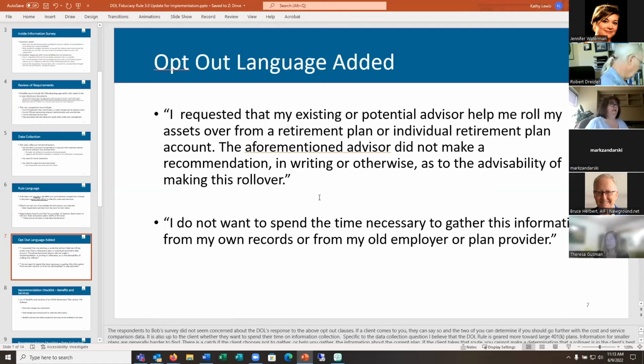And I put in two opt-out paragraphs. One says, I want my advisor or potential advisor to help me roll over my assets. They haven't made a recommendation, but this is what I want. And the second opt-out is that they don't want to take the time necessary to gather the information from their own records.